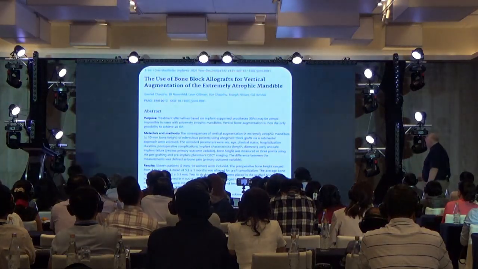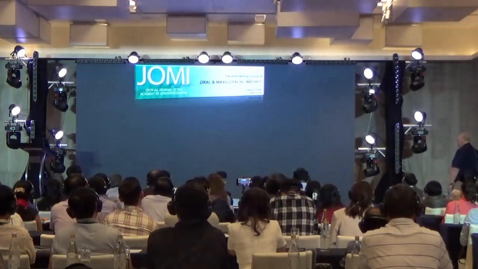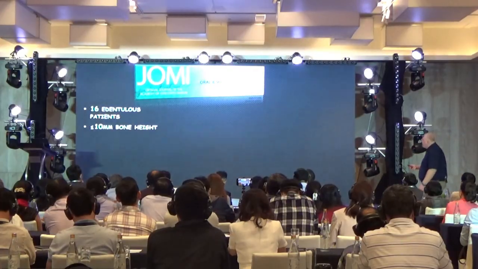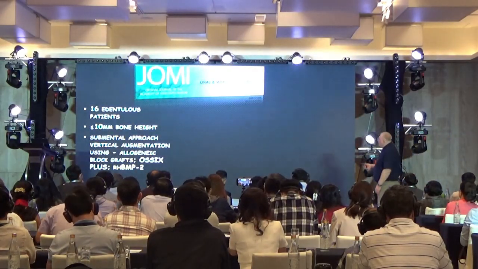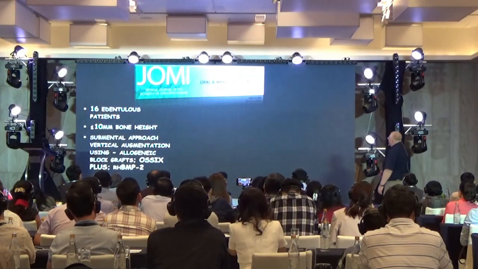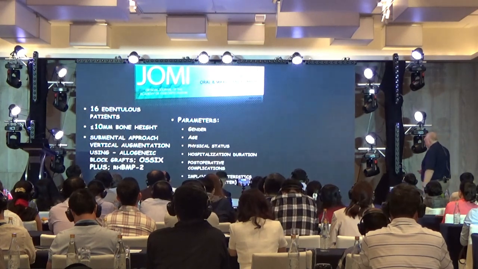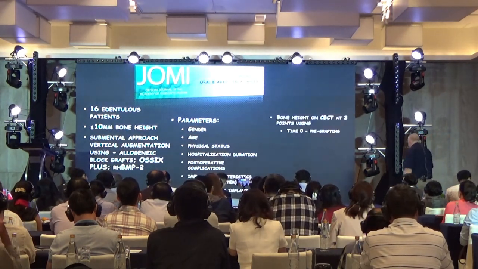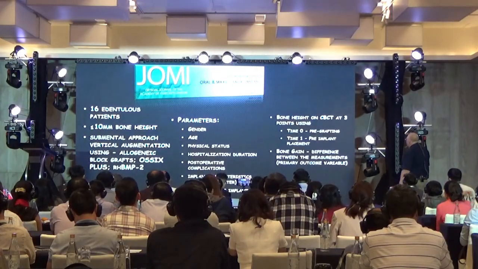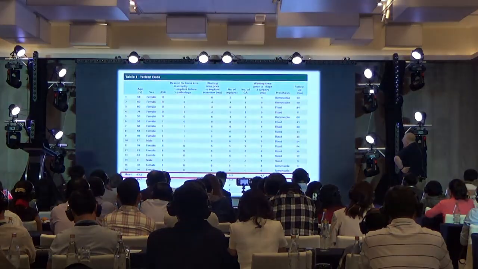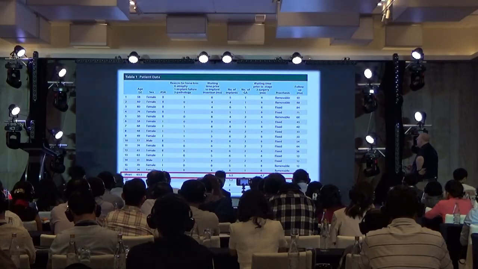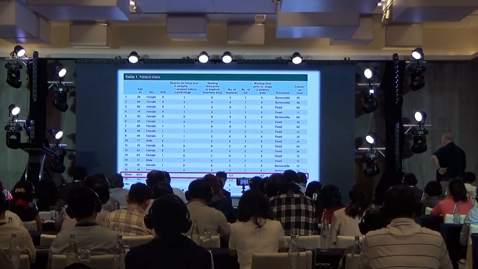So, we published this in IJOMI 2021, 16 cases, less than 10 millimeters, the cytology O6, recombinant BMP. We took all those parameters, took measurements before and after. You can see this table.